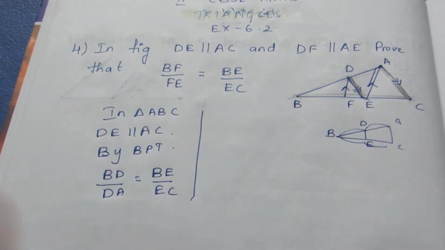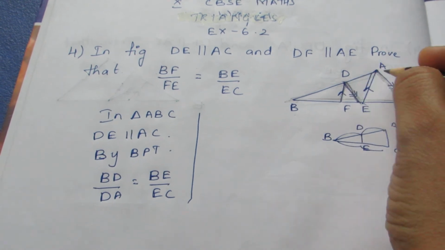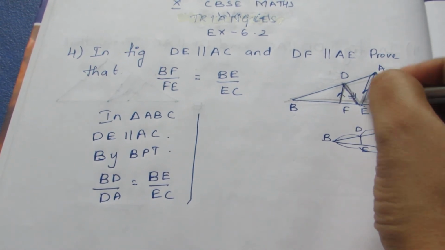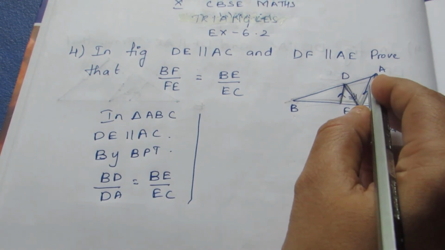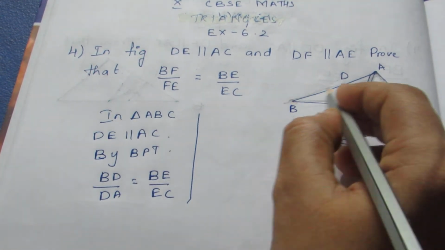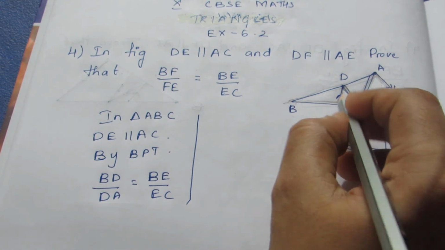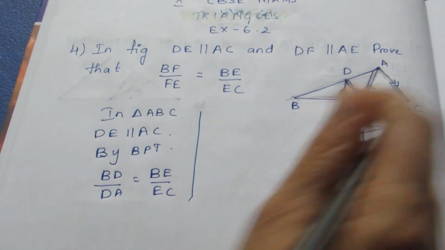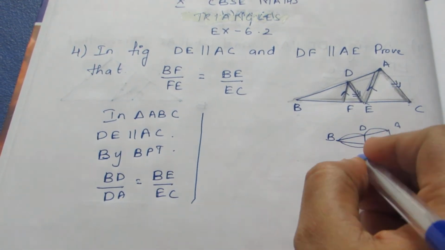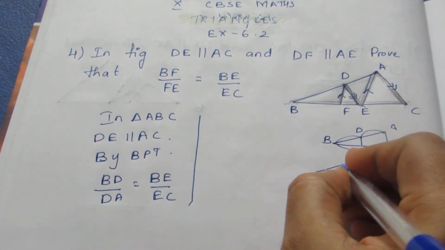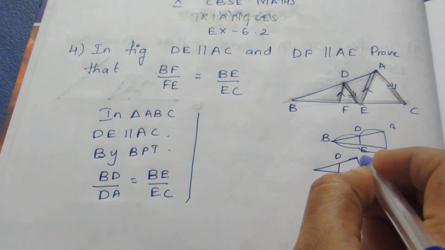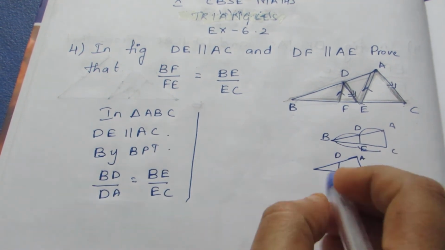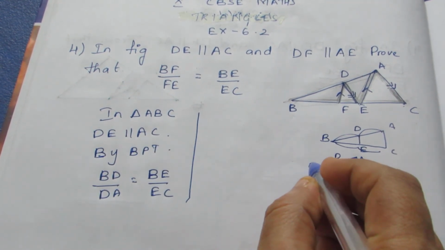In the next parallel, it's given that DF is parallel to AE. Now the bigger line is this. In the two parallel, the bigger line is this. Take this triangle. So this should be included in it. Forget all the rest. Now let me draw the diagram again of a triangle, where DF is parallel to AE. So this will be my diagram.